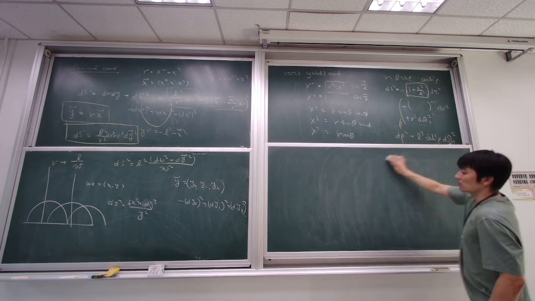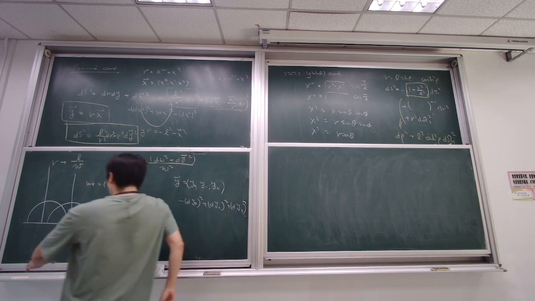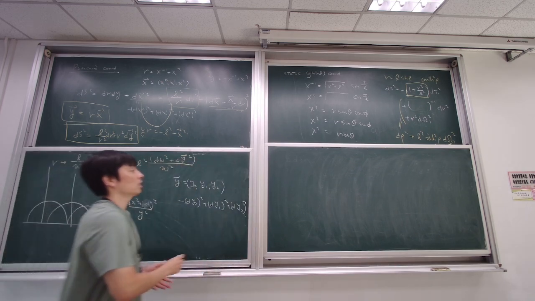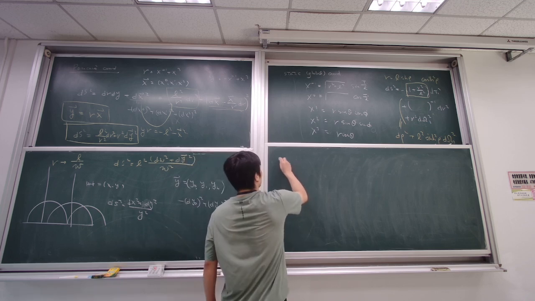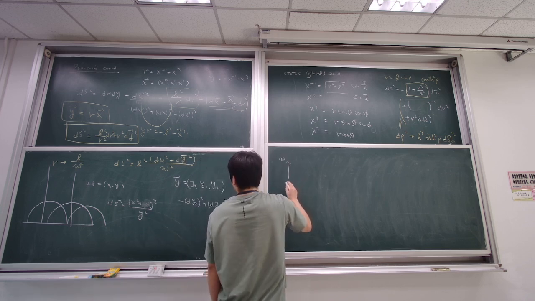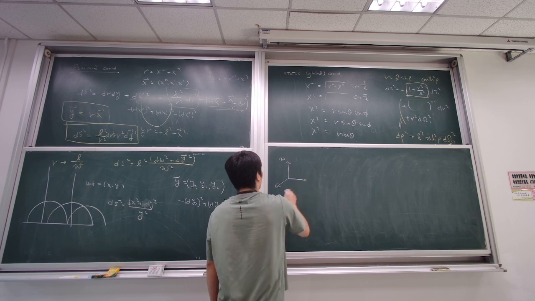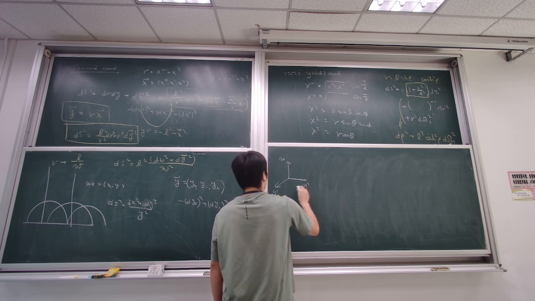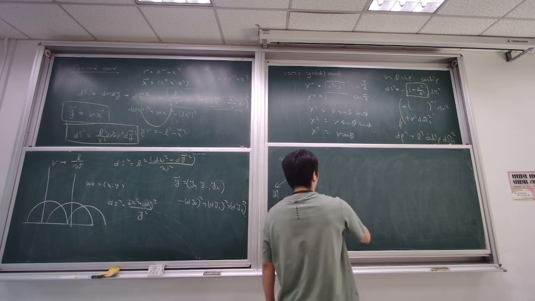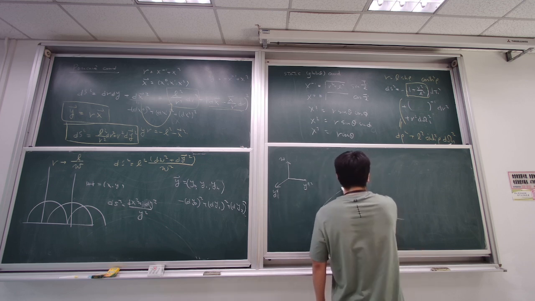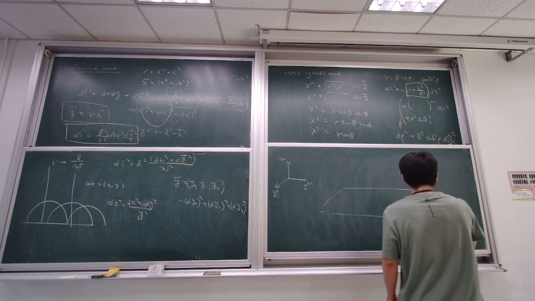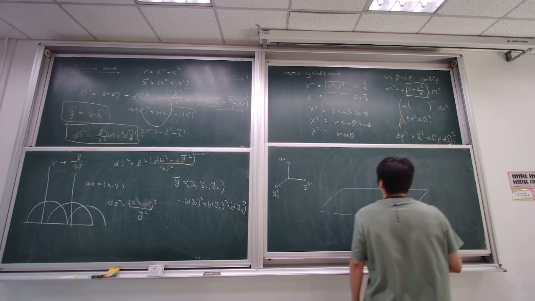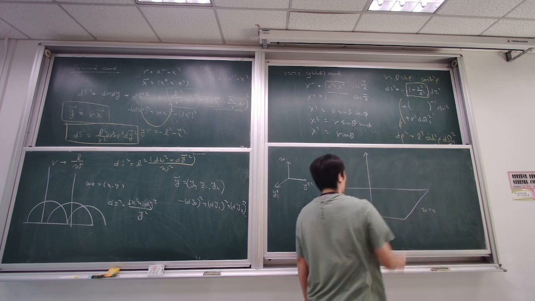We can just consider the similar consideration. So this is the w direction, and say this one is the y0, y1, y2, the 0, 1, 2 direction. So if you have an upper half plane, this is the w equal to 0 plane, and you consider this direction like this.